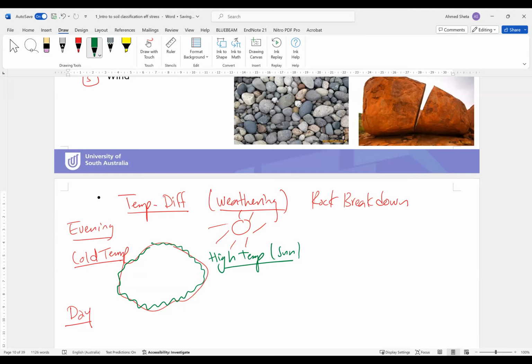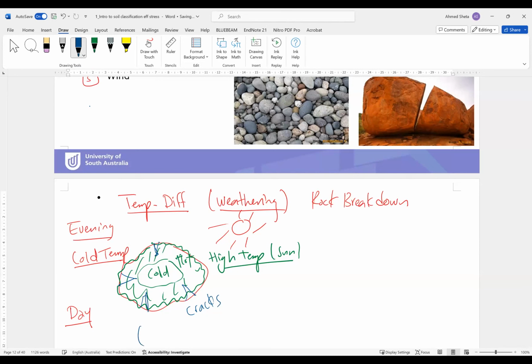And inside the rock, for example, this part, this part is hot and this part cold. Due to the difference between the hot part of the rock and the cold part of the rock, some cracks happen here. So we have cracks in the rock.